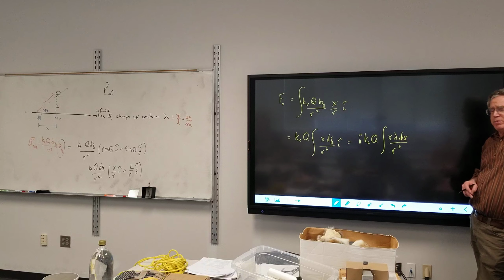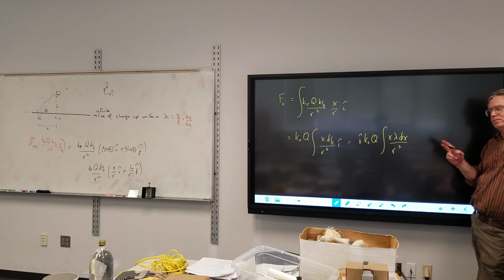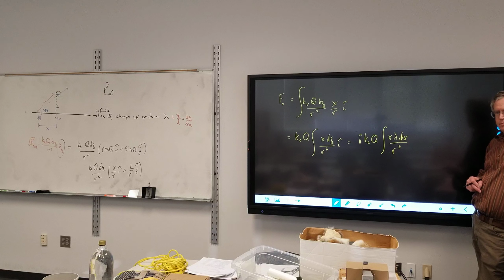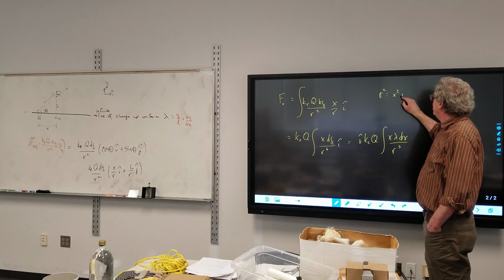And what is the relationship between r and x? Think about the triangle. R squared equals x squared plus L squared. Yep, r squared is equal to x squared plus L squared.